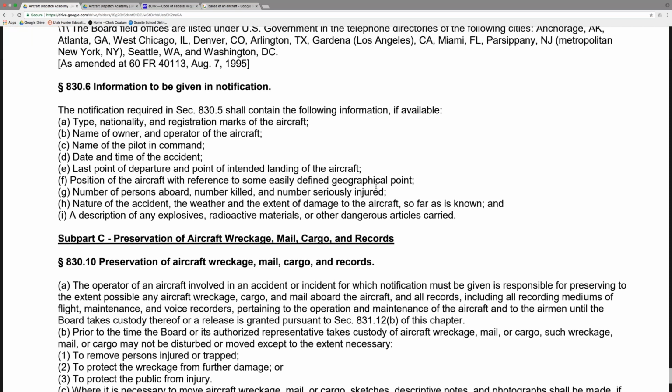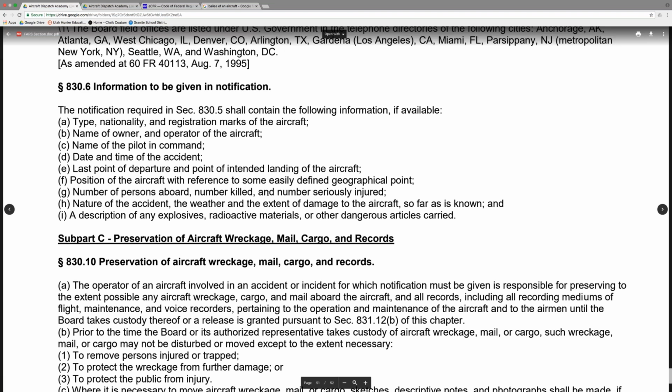So we couldn't just say it crashed in northern Idaho somewhere. We'd want to give them as much information as we could about the location. Numbers of persons aboard, number killed, number seriously injured, nature of the accident, weather.